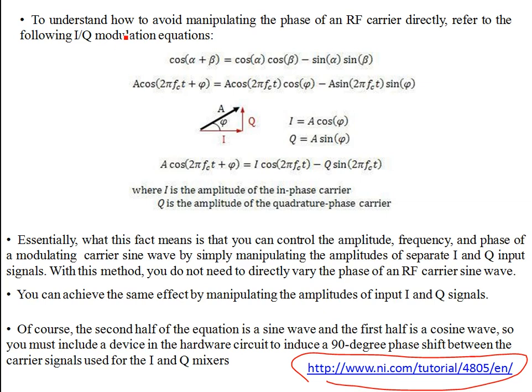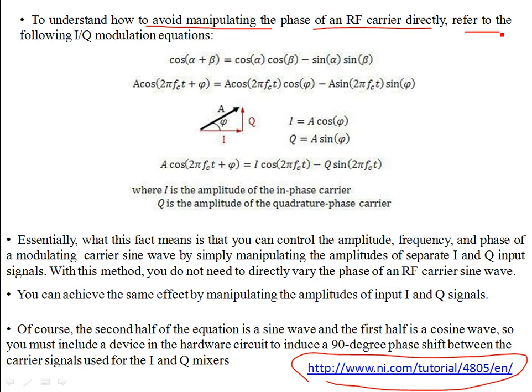It's simple. To avoid manipulating the phase of the RF carrier directly, what you do is change the phase or the amplitude of the in-phase and quadrature signals independently, and that changes the phase or amplitude of the modulating carrier signal.